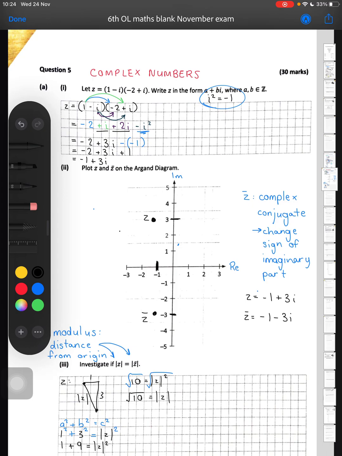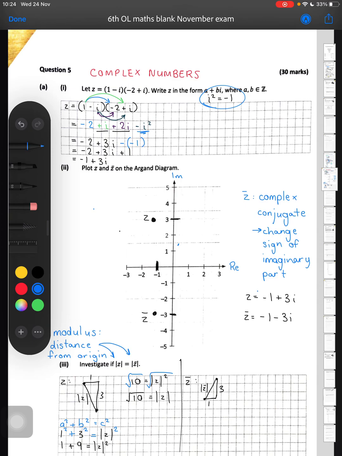Okay, and then I'm just going to do that exact same thing for the complex conjugate of Z. So the modulus of the complex conjugate, it was a point like there in terms of the origin. So this here is my modulus of the complex conjugate. It went out 1 and down 3.